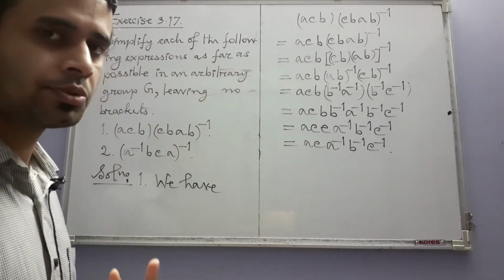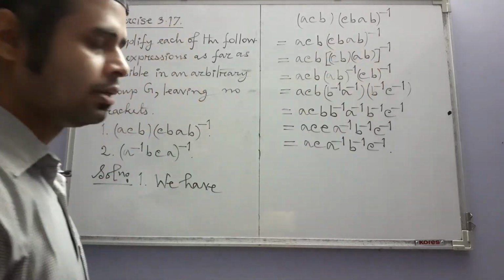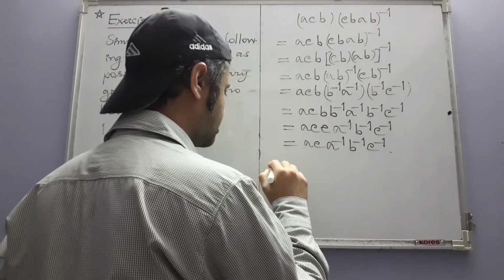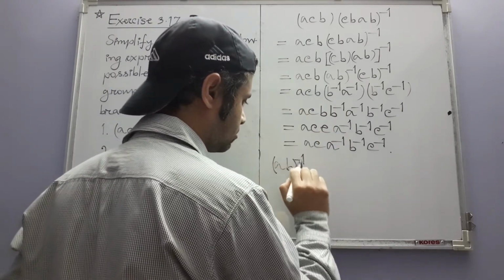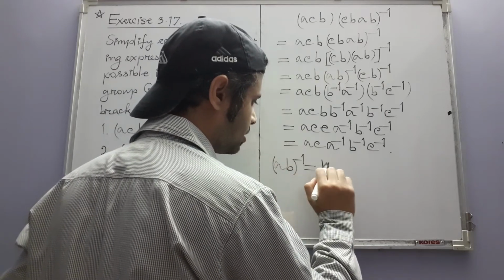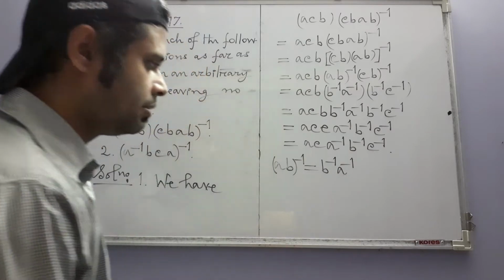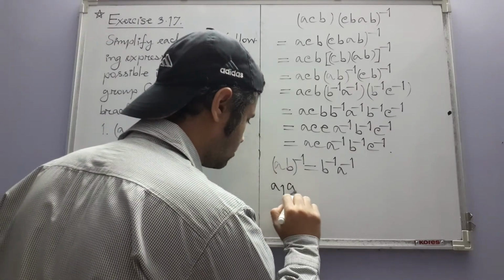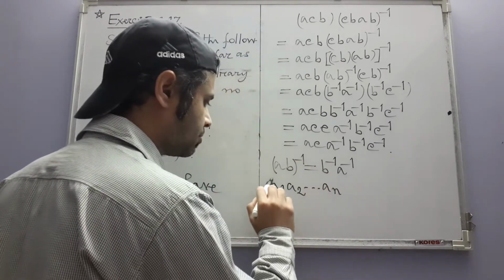In fact, you can prove it by induction on the number of factors. What I am saying is that this result, that (AB) whole inverse is B inverse, A inverse, can be generalized like this. Say you have any n number of group elements, where n is any positive integer.